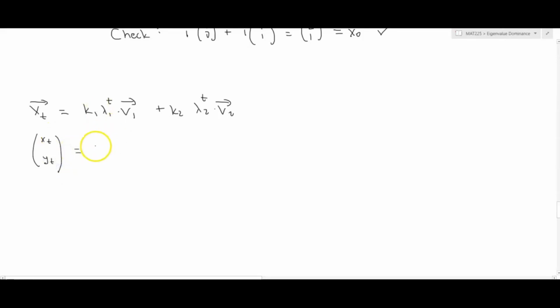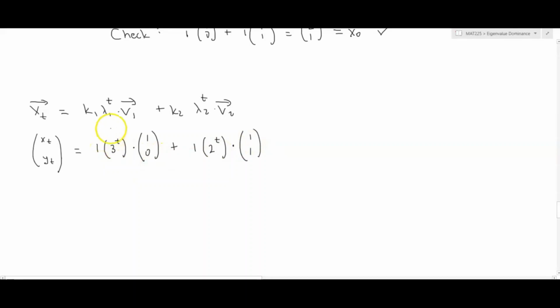And we just found k1 is 1. Lambda 1 is 3, so this is going to be times 3 to the t power, times v1, which is the vector (1, 0). k2 was found to be 1. Lambda 2 is 2, so we have 2 to the t power, times v2, which is the vector (1, 1).